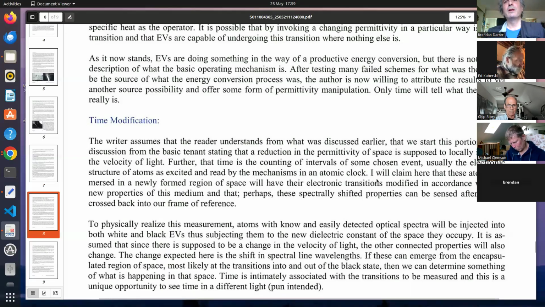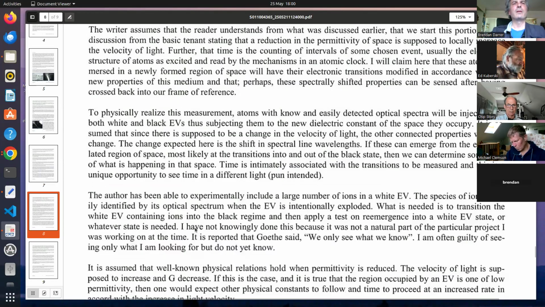I will claim here that atoms immersed in a newly formed region of space will have their electronic transitions modified in accordance with the new properties of this medium, and that perhaps these spectrally shifted properties can be sensed after having crossed back into our frame of reference.